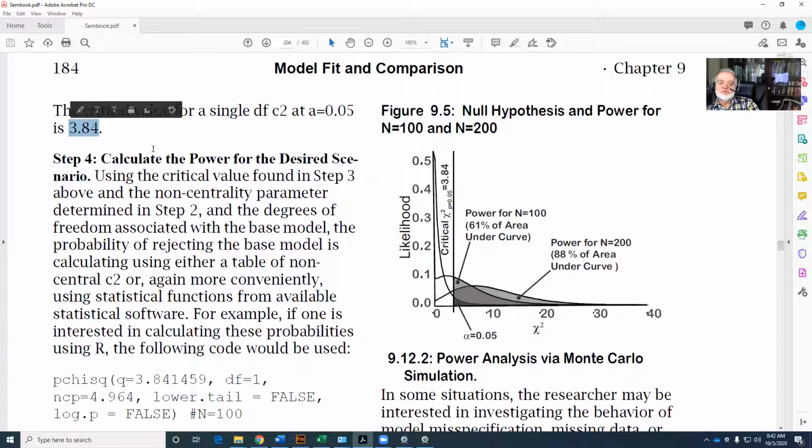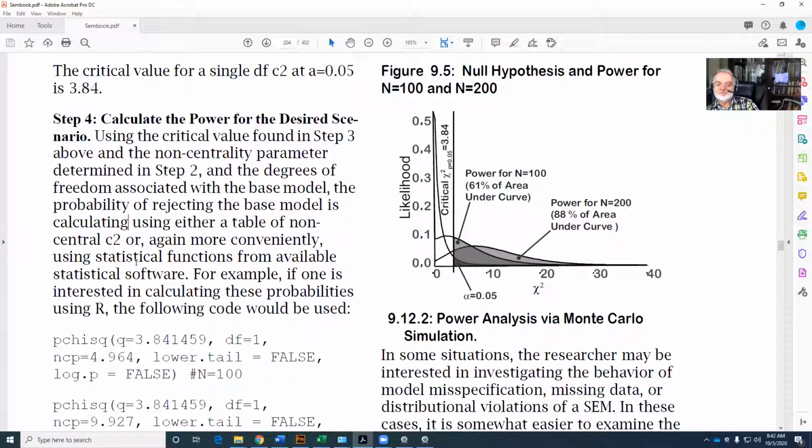And now, given that 3.84, I'm going to come back and find the non-centrality parameter in step 2 and the degrees of freedom associated with the base model. I find the probability of rejecting the base model. So graphically, what we're doing is we're saying, for a 1 degree of freedom test, this is what the chi-square for a 1 degree of freedom looks like.